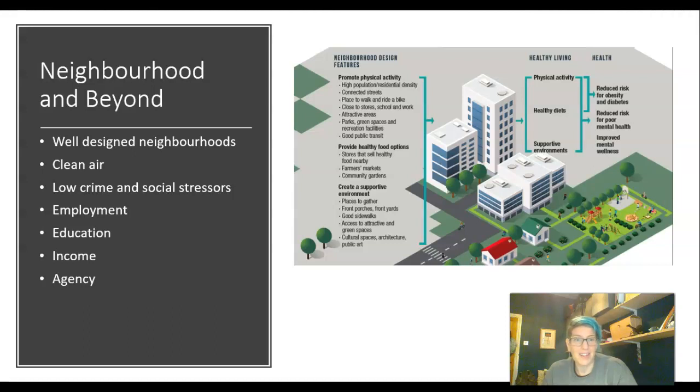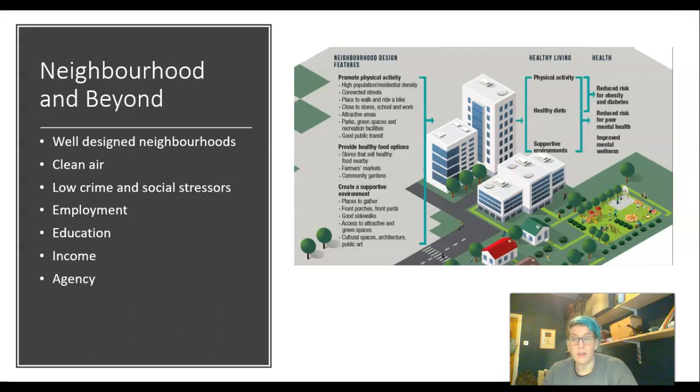So engaging in active travel, walking, cycling, etc., if that's possible. It's good for the neighbourhood to have clean air. We've talked about the interior air quality issues, but that is heavily influenced by exterior air quality as well. So if you live in a neighbourhood that's got really poor air quality because it's either close to areas of industry or heavy traffic or both, then that's a significant problem.